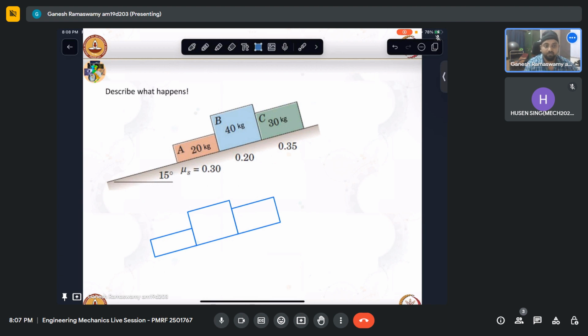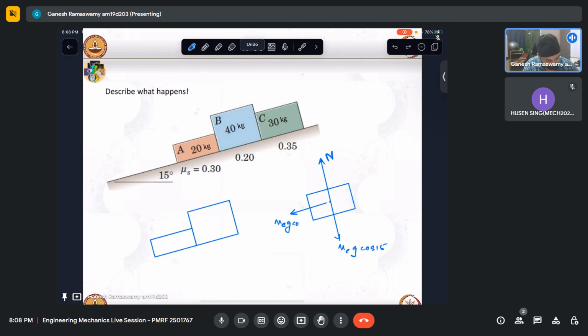It is box C. So first, from the free body diagram of box C, I have the normal force N, and the weight acting like this, with components MC G cos 15 and MC G sin 15, and then a frictional force Fs opposing motion.